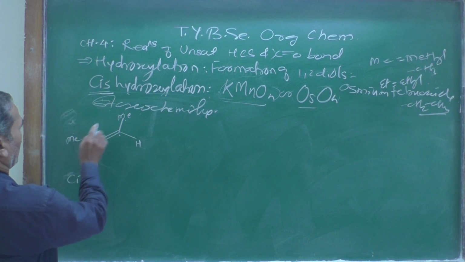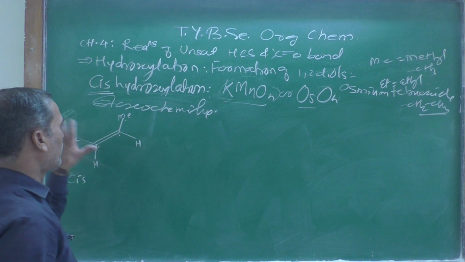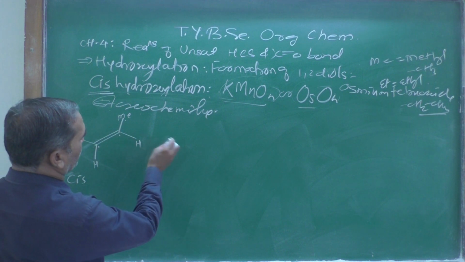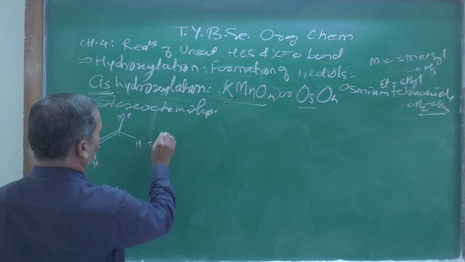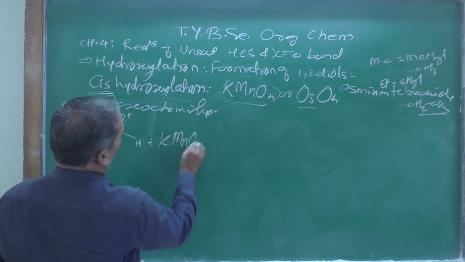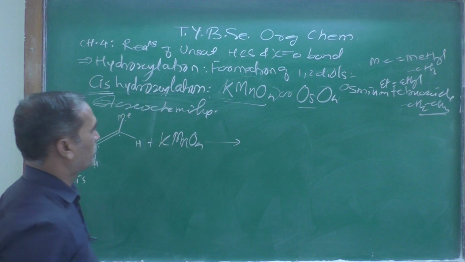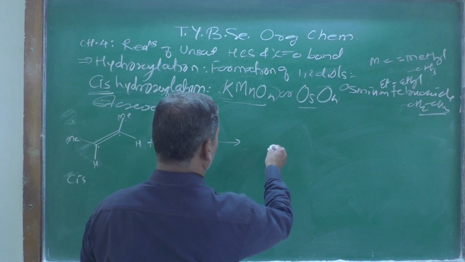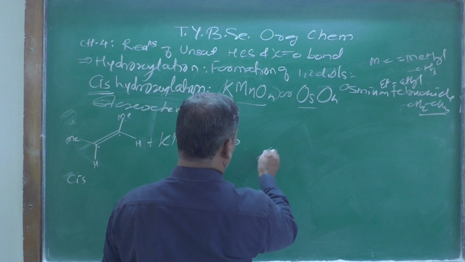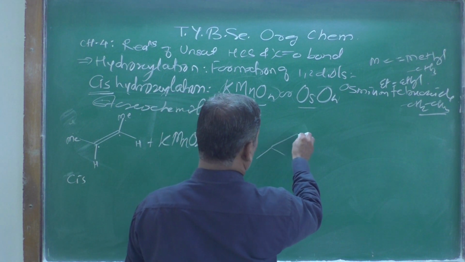Now this methyl group and this methyl group are on the same side, and now when it is treated with potassium permanganate, KMnO4, what do you get? The product, or what we can call the transition state, you are going to get over here this one.